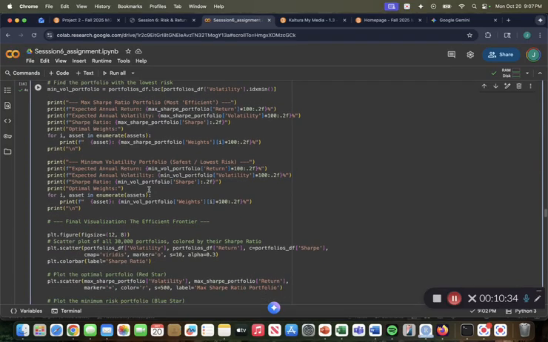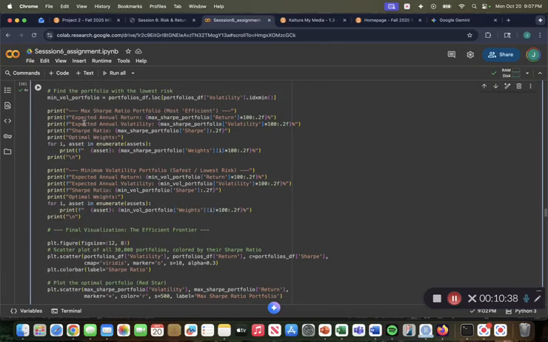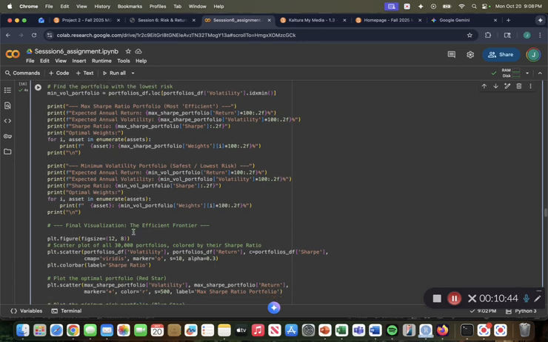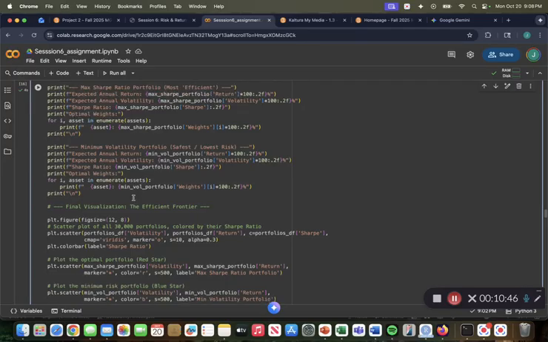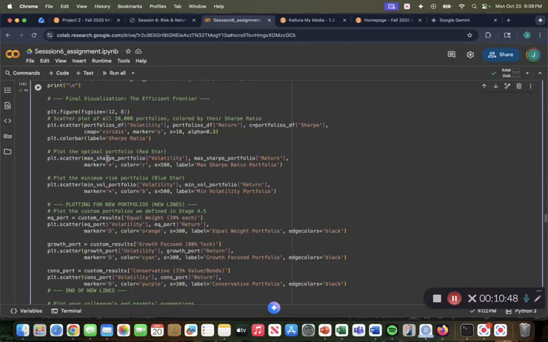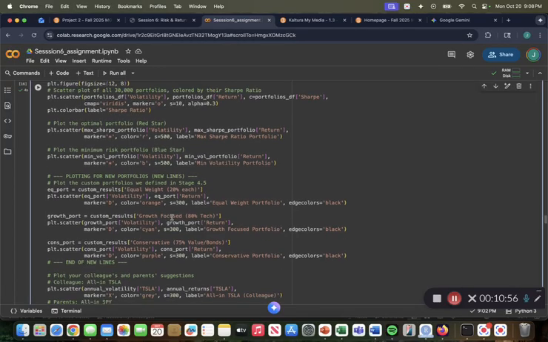And then with the one that we found for the max Sharpe ratio, it'll show us the return, the volatility, the Sharpe ratio, and the weights of each stock that we invested in here. And then same with that minimum volatility. And then this just calculates all of the visualizations, or more visualizations, updated ones, including the efficient frontier curve.